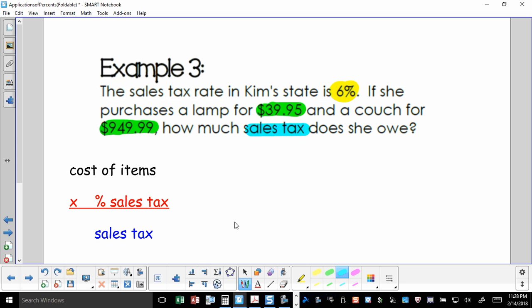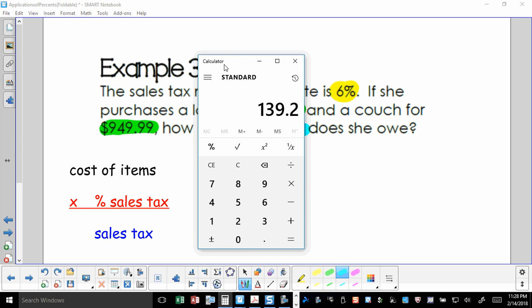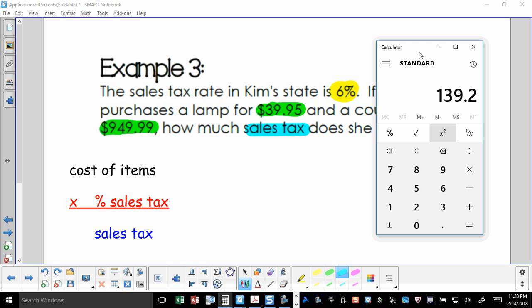So we first need to know the cost of the items. So we need to add these two things together, the couch and the lamp. It's $989.94.